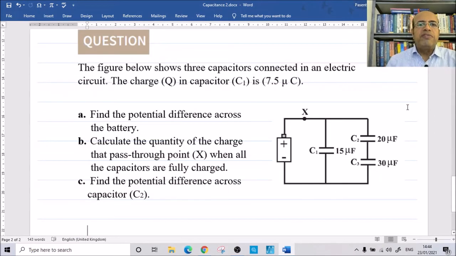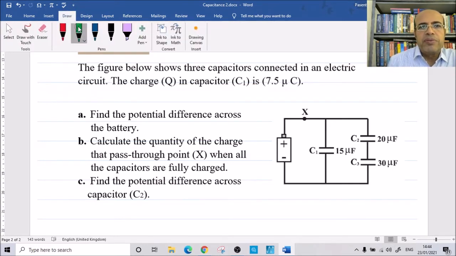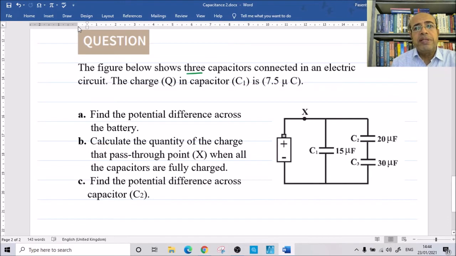Let us solve the next question. The figure below shows 3 capacitors connected in an electric circuit. The charge in capacitor C1, Q1, is 7.5 microcoulomb.